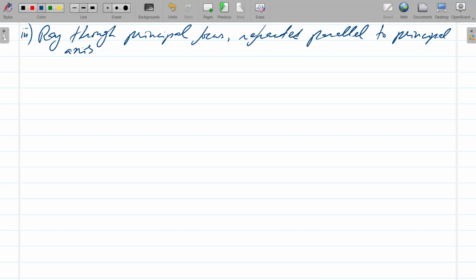Then we have magnification. Magnification is pretty straightforward.